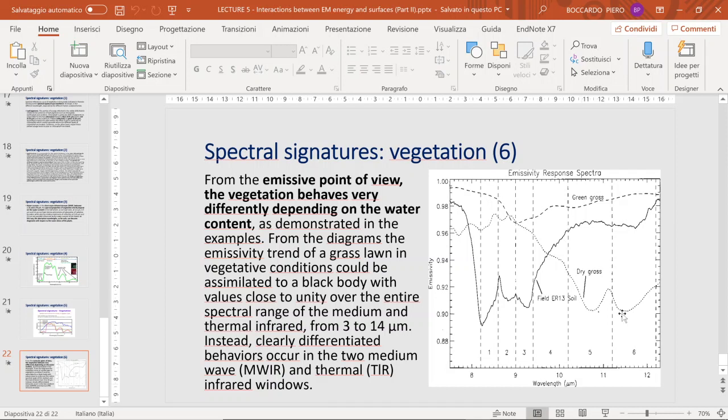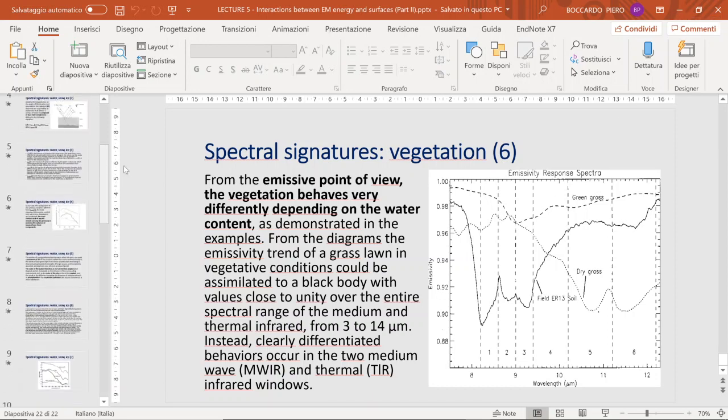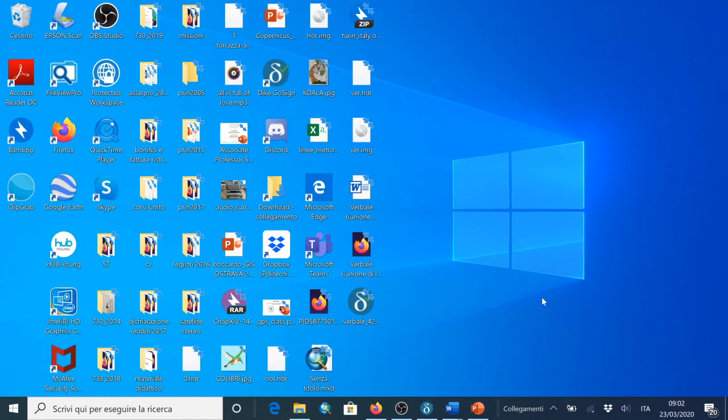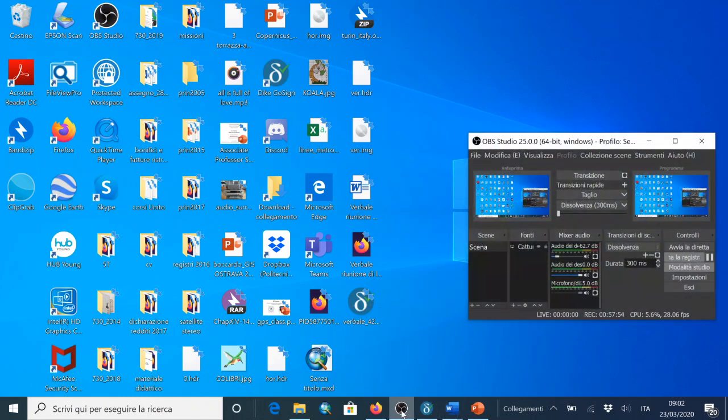Okay, with that I think we can close what we introduced today, that is the interaction between the electromagnetic energy and the surfaces. In the second part, we analyzed the topics related to the spectral characteristics, so how the reflection of different surfaces changes with the different wavelengths.